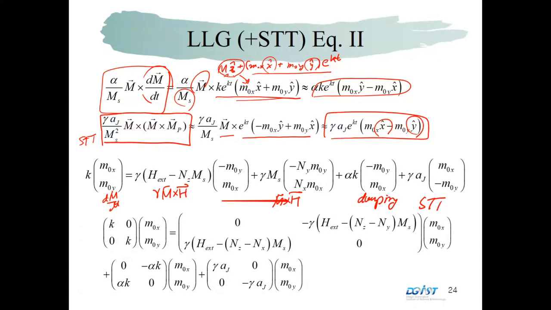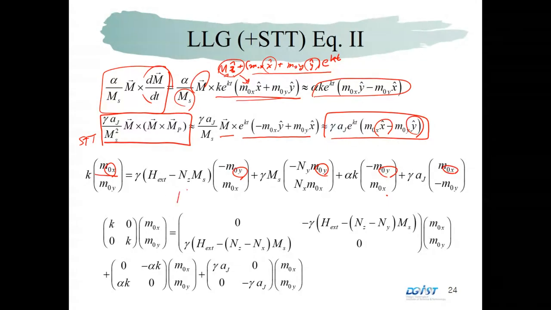Anyway, so we can write down this equation in this matrix form. Actually, we rewrite this term for each one. This is a mixing of the x and y. Okay, so we can rewrite this equation to this matrix form.